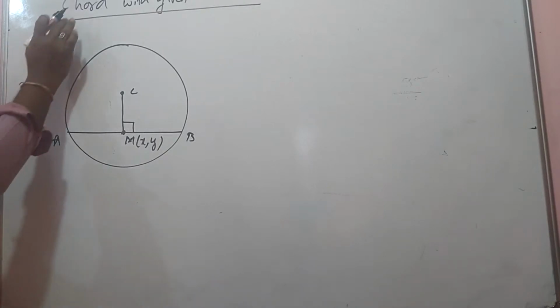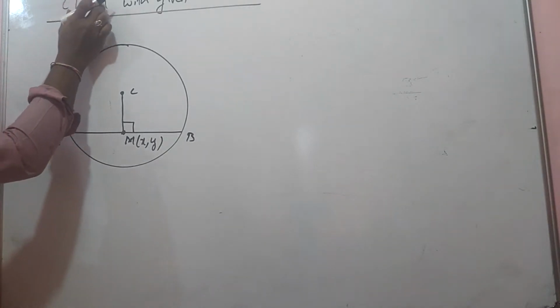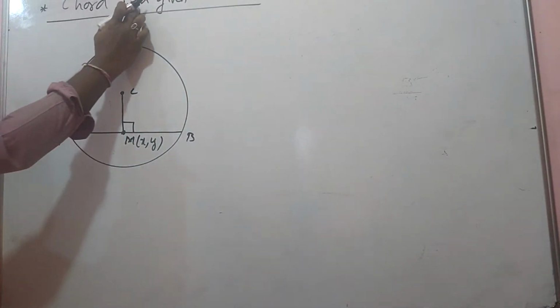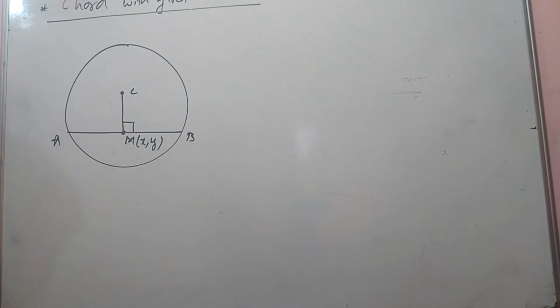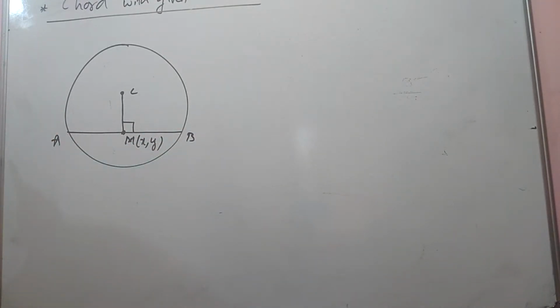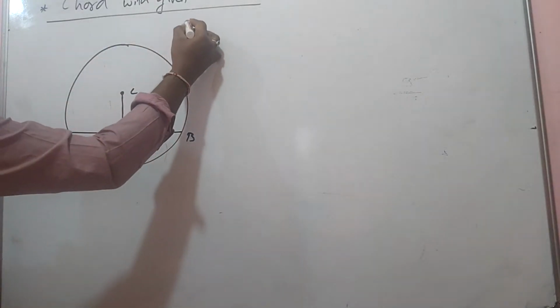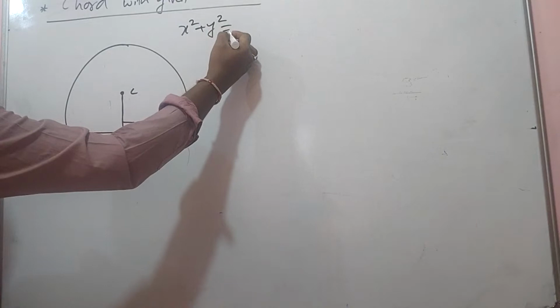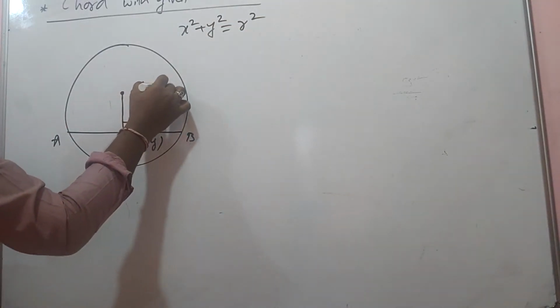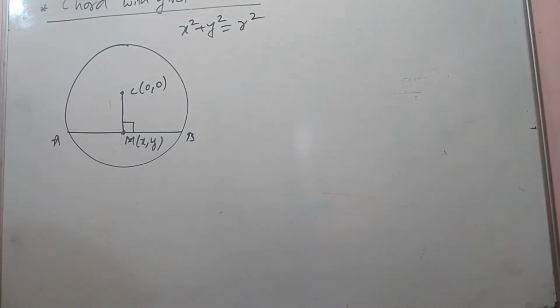So what is the necessary and sufficient condition for a chord with the given midpoint? Now this topic we are starting. Here is the circle, AB is the chord, and let us take the circle x square plus y square is equal to r square, a circle centered at 0 comma 0, which makes this concept easy to understand.